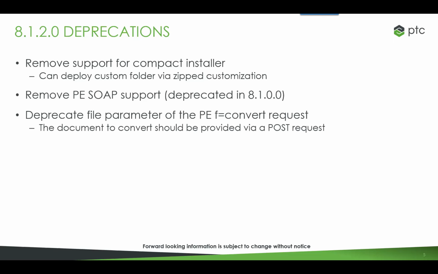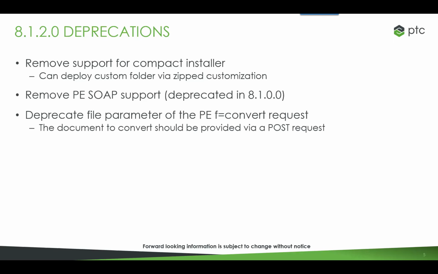We're also removing the SOAP support in publishing engine. This has been deprecated for quite a while, and it's just going to be removed now. And then the file parameter of f equals convert requests for publishing engine will also be deprecated.